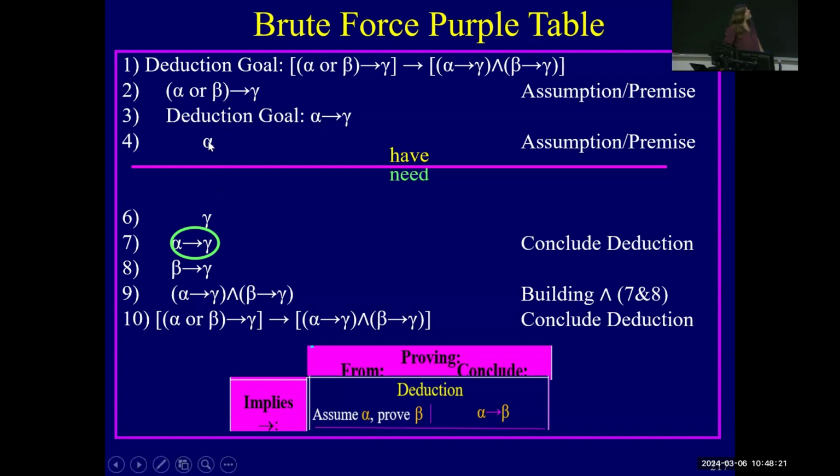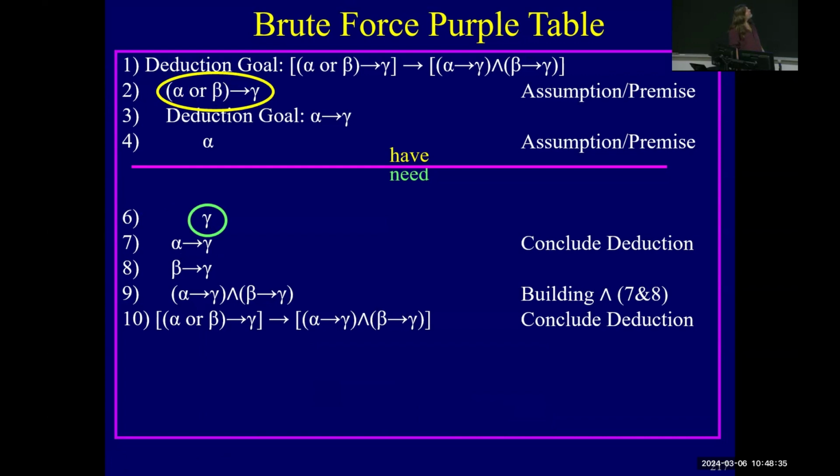Modus ponens. To get modus ponens, yeah. So I'm going to do it by need, right? I have this, and I have this, and I want this, right? So let me just write down what I need, right?